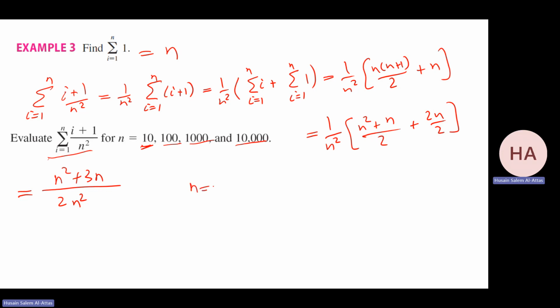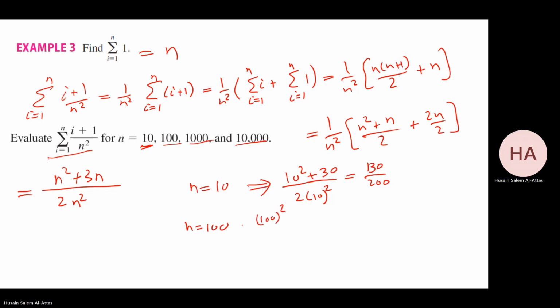n equal 10. It means what? I have 10 squared plus 30 over 2 times 10 squared, which is 130 over 200. Let me do n equal 100. Do it the same. 100 squared, the result plus 3 times 100, which is 300 over 2 times 100 squared.